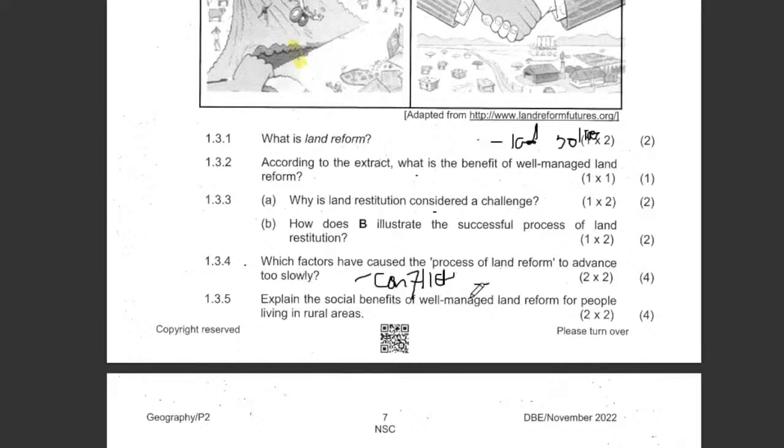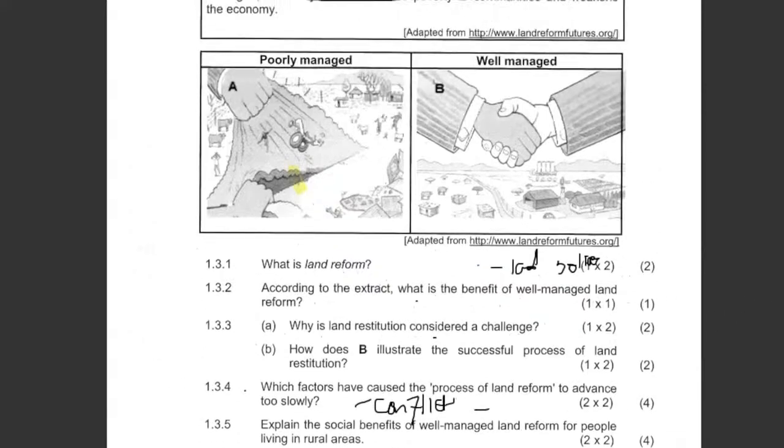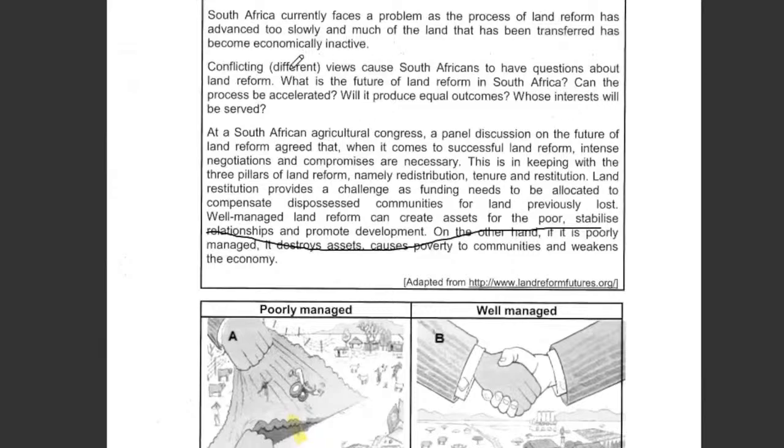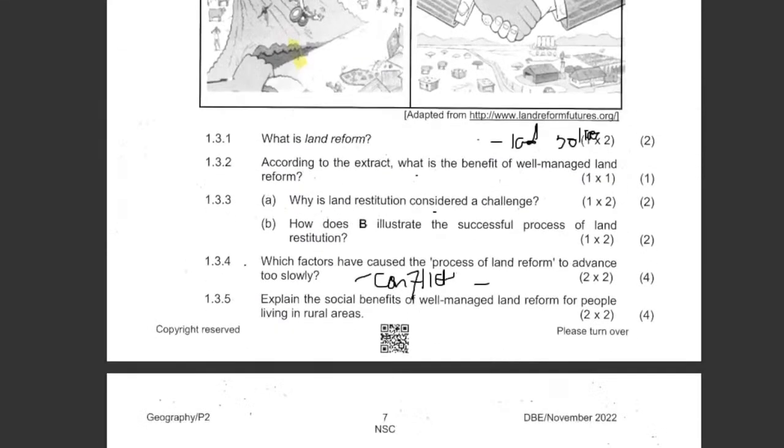Number two is having different interests. People have got different interests to be served. I think when you even check the extract here somewhere, it says, will those interests be served? In other words, there are different interests. Others are thinking that it might not work. Others are thinking that the future land reforms in South Africa will change. So because different views are existing, it retards or slows down the process.